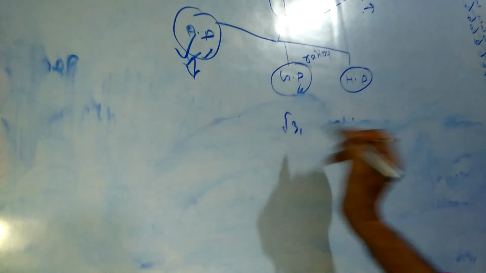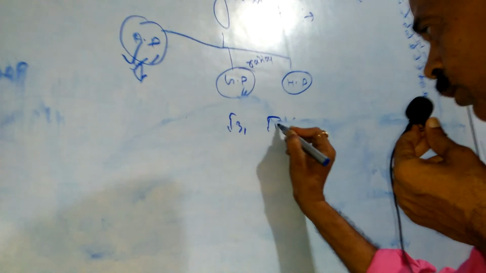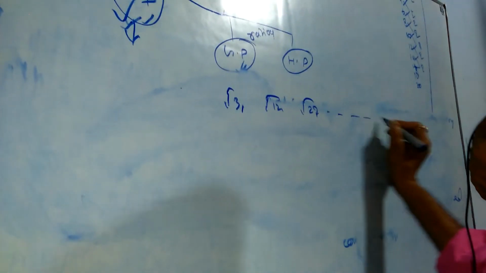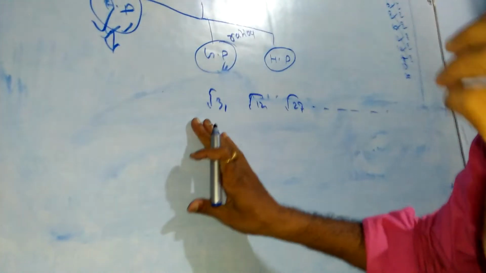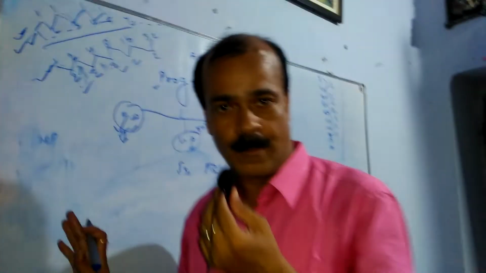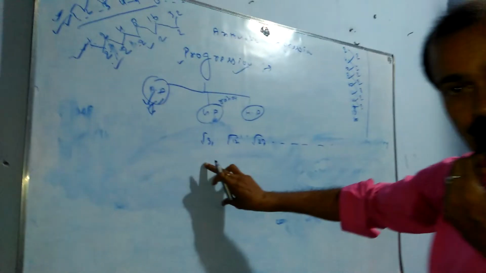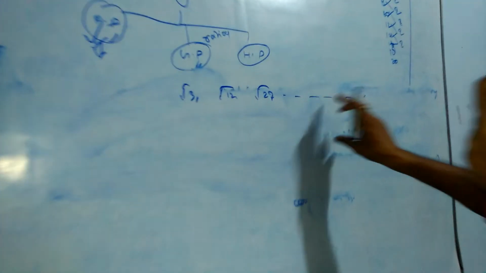Suppose we are given root 3, root 12, root 27, and so on. We have to identify whether these are in AP or not. First question, identification.